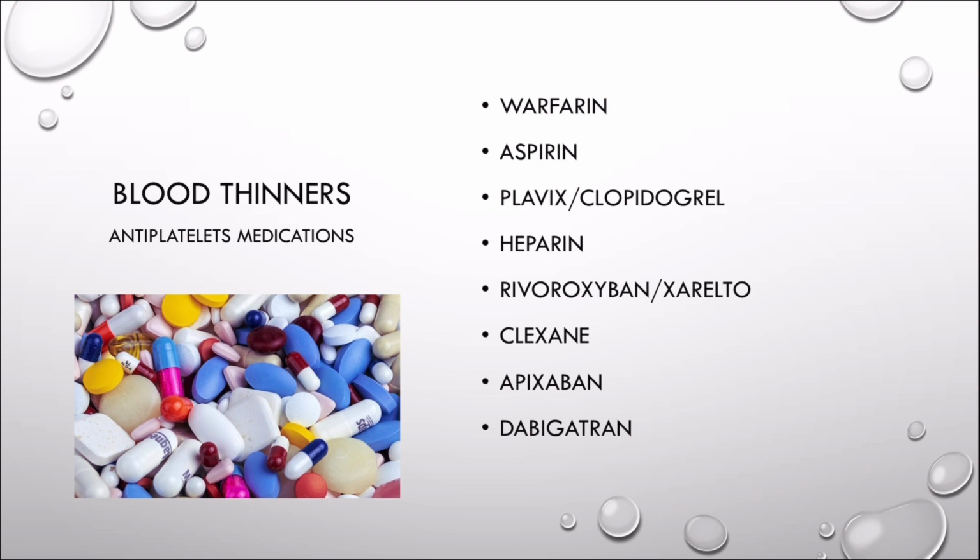So medications like aspirin, clopidogrel, heparin, and Clexane are some of the common ones that we hear in the medication history of our patients. While they are very effective at preventing clots, they also sometimes cause blood to leak into places where it's not supposed to be, in this case urine, and therefore you can always detect some red blood cells in the urine of patients who are taking these medications.